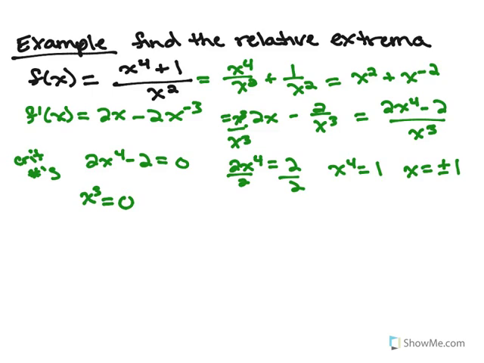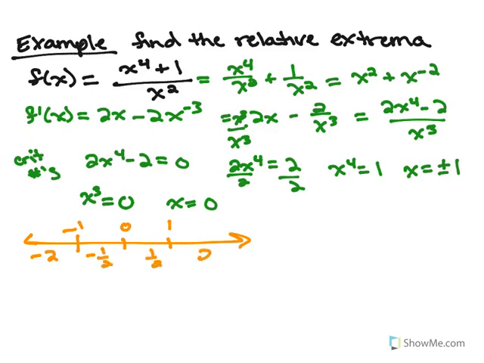And x cubed equals 0 is just going to give me a critical point of x equals 0. So we have -1, 0, and 1. So I'm going to pick -2, -1/2, 1/2, and 2.